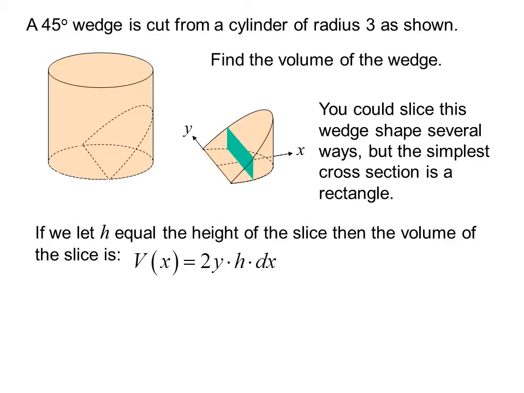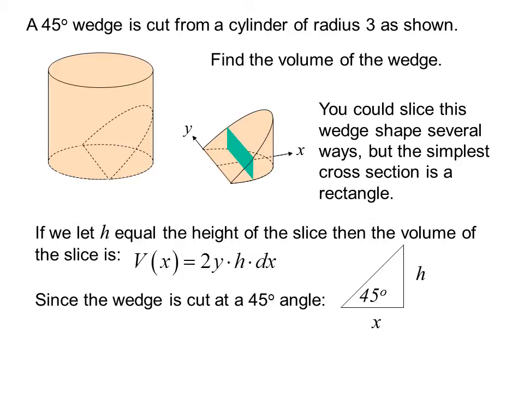The height we'll call h, and the thickness is a very small change in x, dx. Since the wedge is conveniently cut at a 45-degree angle, h equals x.